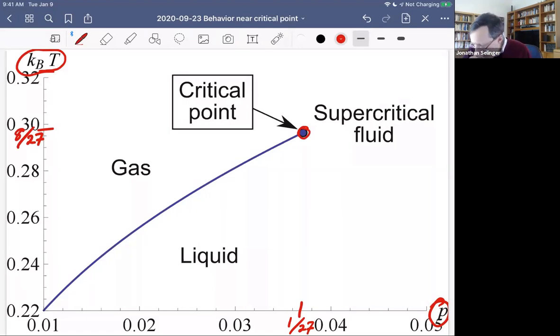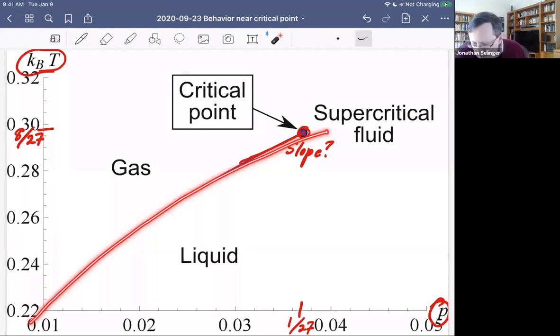One thing we might want to know is what the phase boundary looks like going out of the critical point. We have this boundary, a line that has some slope right here. Presumably we have to do numerical calculations to get the whole line, but there could be some algebraic calculations that would at least give us the slope of the line coming into the critical point.